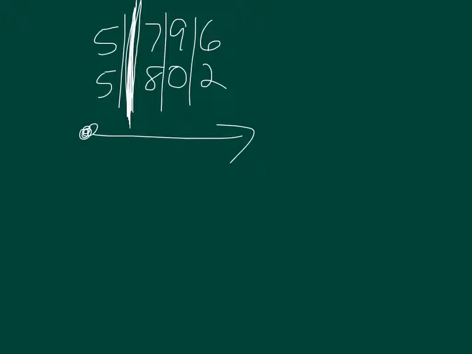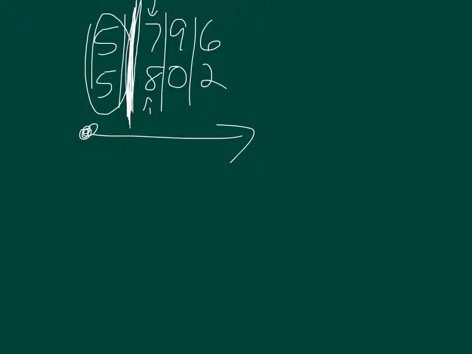So the 5s are equal, so that doesn't tell us anything about the two numbers. So we have to go to the next column. And notice in the tenths column we have a 7 and we have an 8. And we can tell from that a 7 is smaller than the 8.